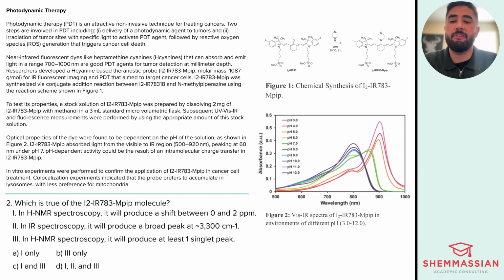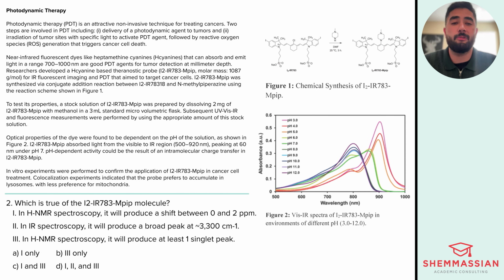What we should be thinking is, where would this information be referring to? How would I know about HNMR spectroscopy or IR spectroscopy of a molecule? Where would I get that information from? Keep in mind, figure 1 and paragraph 2 were where they started talking about the characteristics of MPIP's molecule. And so when we're answering this question, there is some content that is important here. We need to know these different types of spectroscopy and the results from them, right?